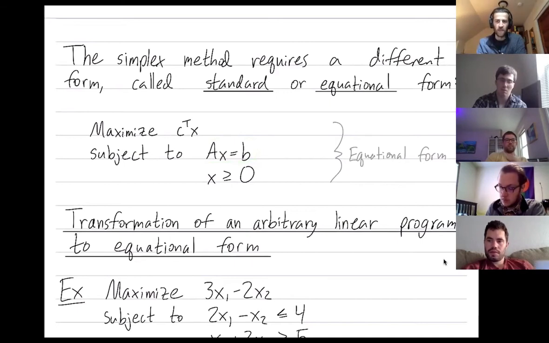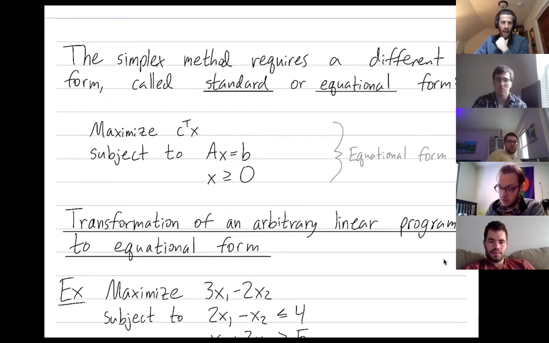To do this, we're going to have to introduce new variables, which are called slack variables, and are quite important. The main constraints are equality constraints, but don't forget about the non-negativity. The non-negativity is really important, and it's saying that every variable is non-negative. So not just some, but all of the variables are non-negative.